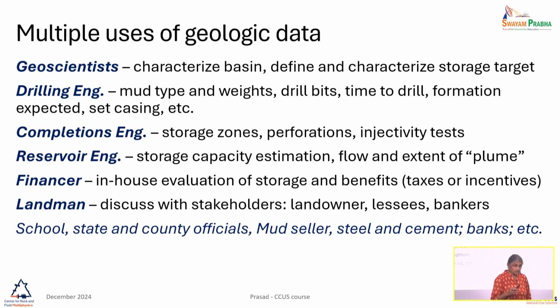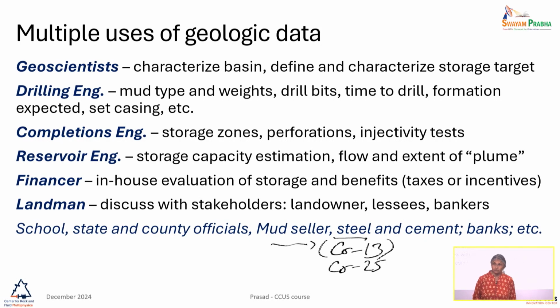For most of the CO2 wells, we're not using steel anymore because steel corrodes. So we are using chrome 13 and now chrome 25. Chrome 13 is found to be compromised at monitoring wells. There have been studies that have said the monitoring well shows us corrosion of chrome 13, and so we need to go to chrome 25.